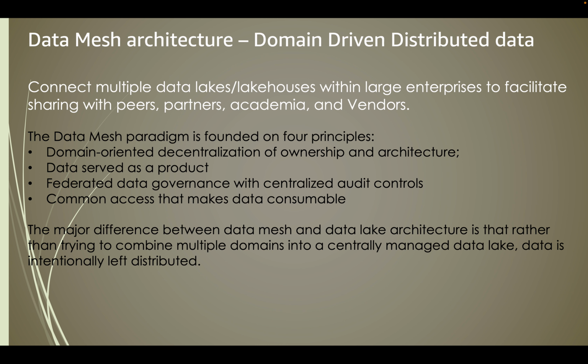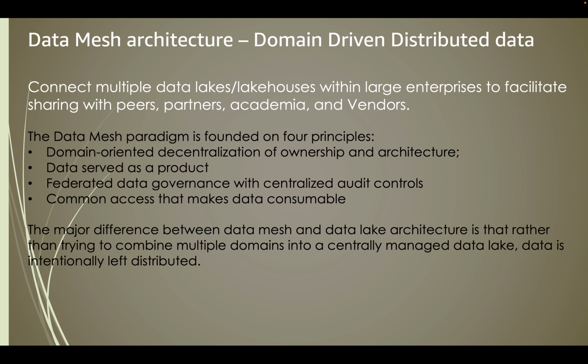These products are owned by the individual domain experts. They own the data, but data governance, like security, will be centralized. So data governance and audit is centralized, so we keep control of who is accessing the data and how. Data cataloging is also centralized and accessible by everyone, so people can understand what data resides where, but the actual data is served as a product owned by the different departments.